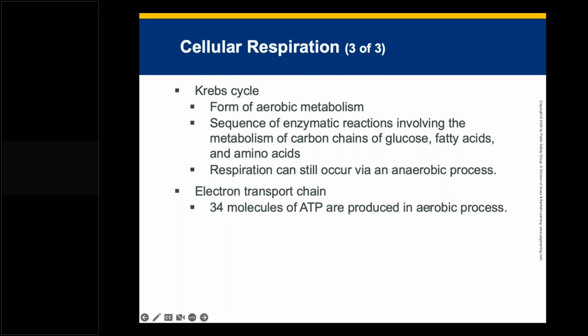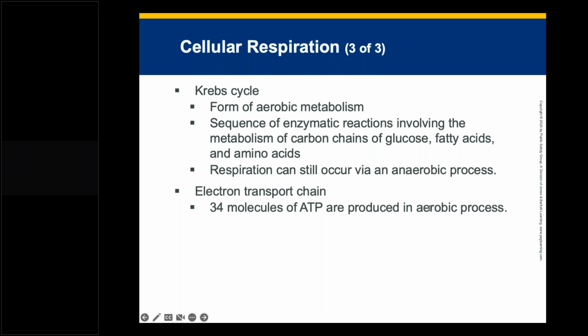Okay. With that, when food is ingested, large macromolecules are broken down into simple molecules. Proteins are broken down into amino acids. Carbohydrates are broken down into simple sugars like glucose. Fats are broken down into both glycerol and fatty acids.